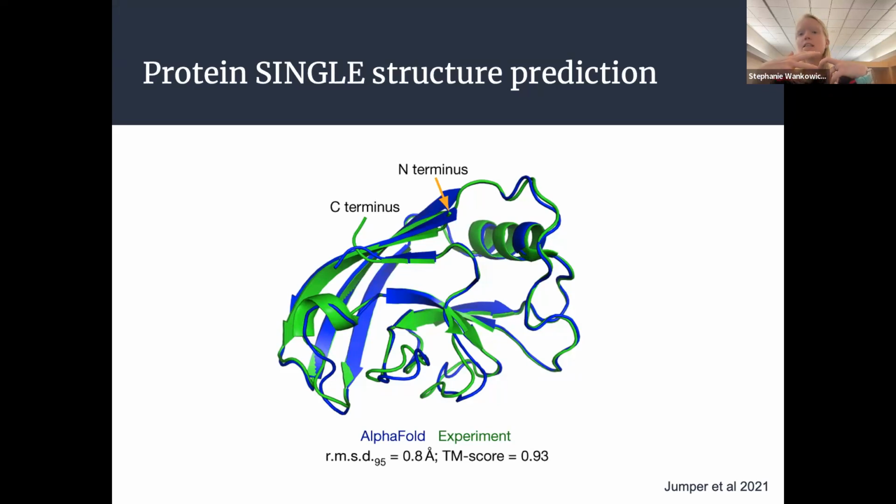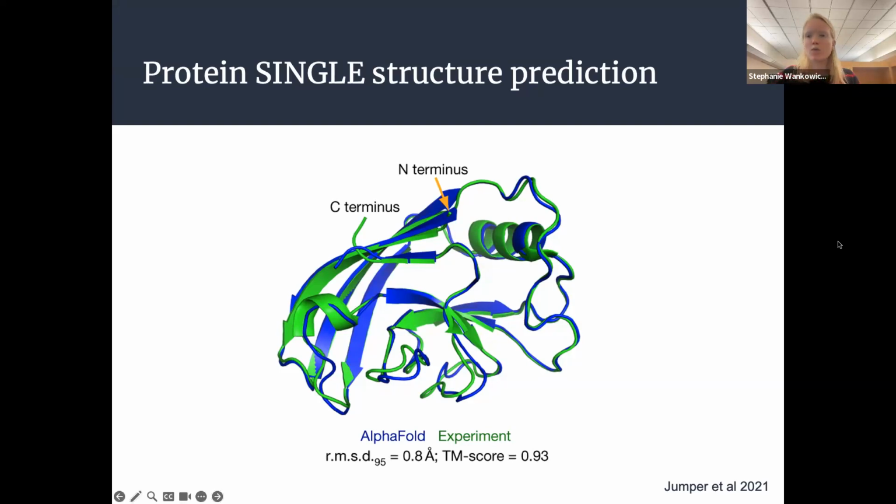This is from the original AlphaFold paper: the tracing between the experimental structure and the AlphaFold predicted structure is great. The backbone tracing is unbelievable, and this can be said for a lot of proteins. But this static single structure of a protein isn't representing what a protein is doing.